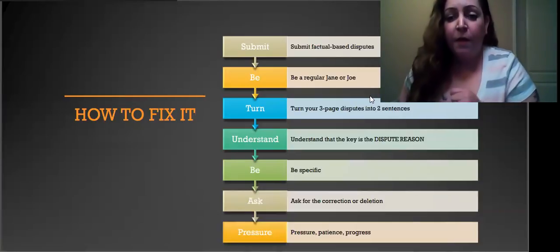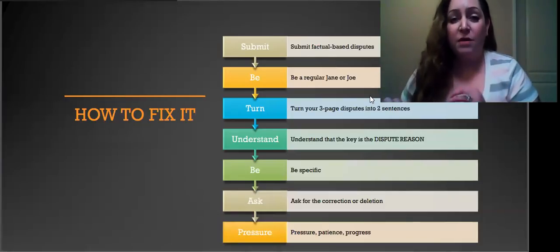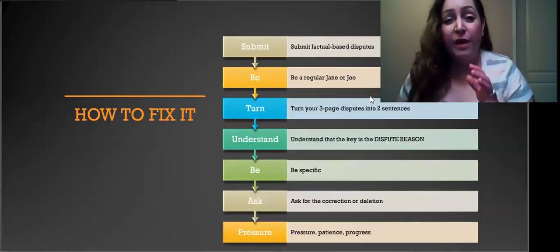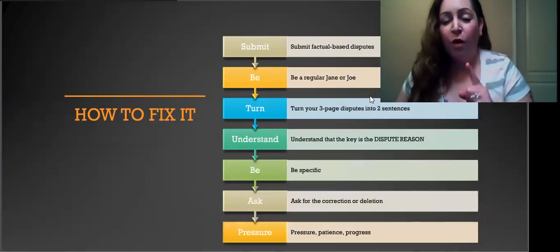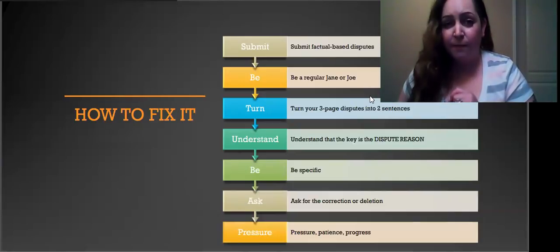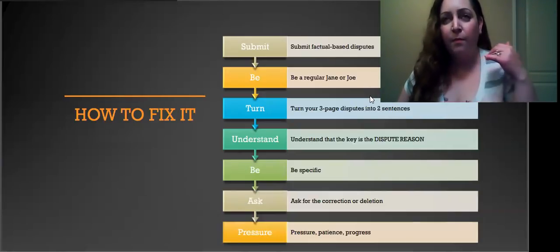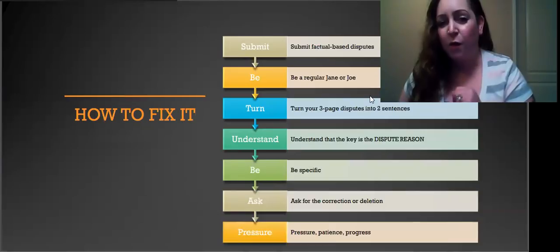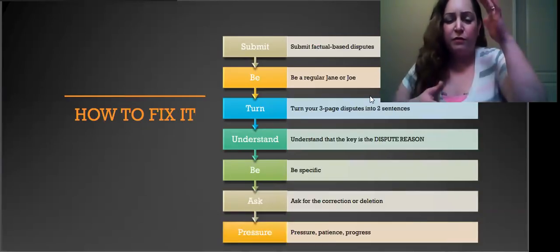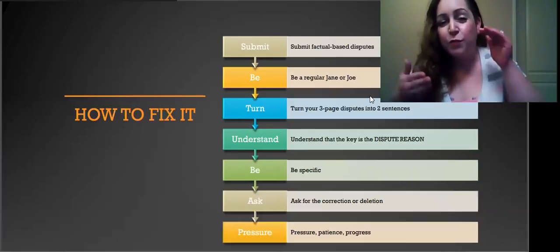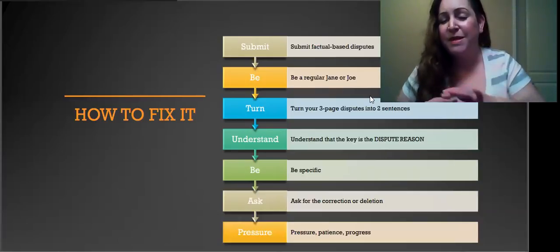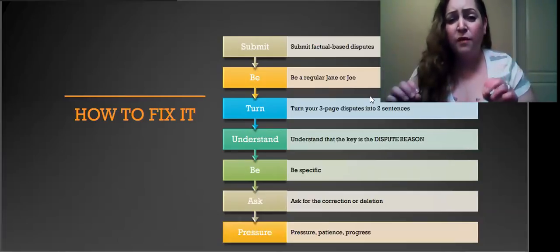Or a Jane Joe. All right, so you also want to take your 3 or 2 or 20-page dispute letter and turn it into no more than 1 page. Unless you're disputing like 15 accounts and you space them out. If your actual disputes take up the majority of the space, that's totally fine.